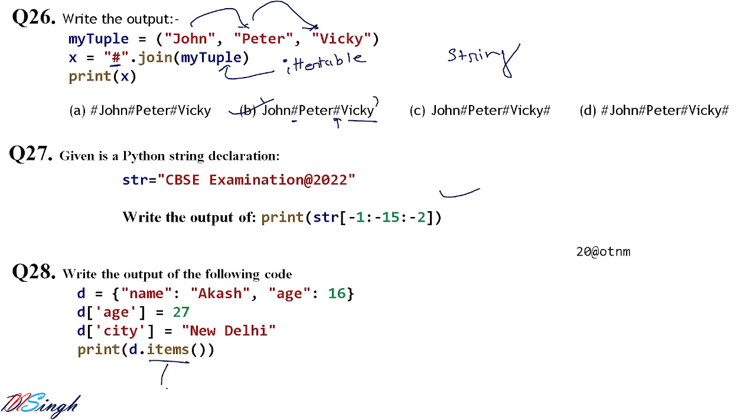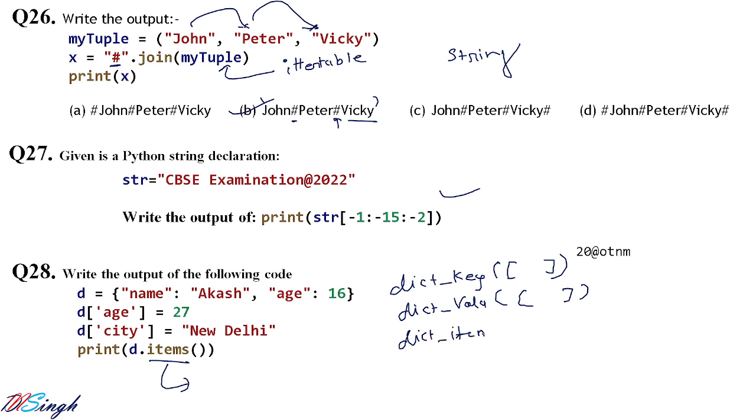There again you have the function called items. I told you dict is one data structure where you can have keys, or dict values, something like this. Then you have dict items. What do you have inside it?